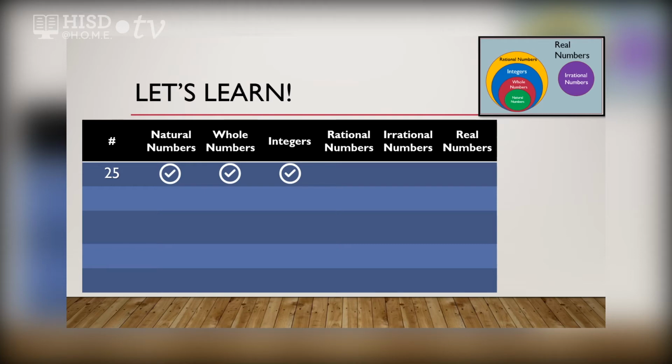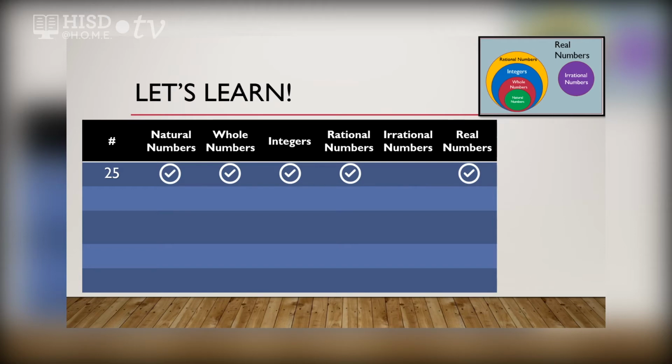So that means, yes, you got it, that 25 is also part of the rational numbers. And I can see that the rational numbers are not part of the irrational numbers, but they are part of the bigger rectangle that is called the real numbers. So the next check will be only on the real numbers.